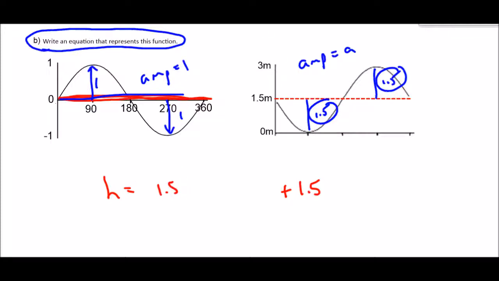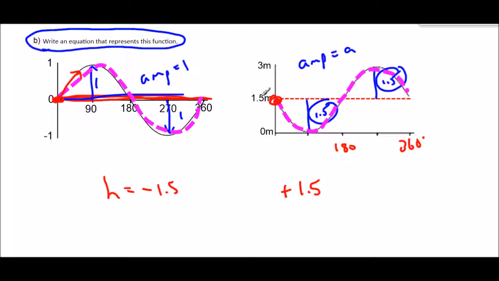But if you'll notice, this graph also goes down and then up instead of up and then down, which means it's been flipped upside down, which is a negative in front of the amplitude. Nothing else is different, because this took 360 degrees for one full rotation, and it starts where the normal sine curve starts, at 0.